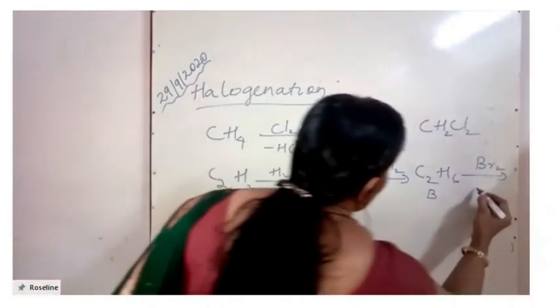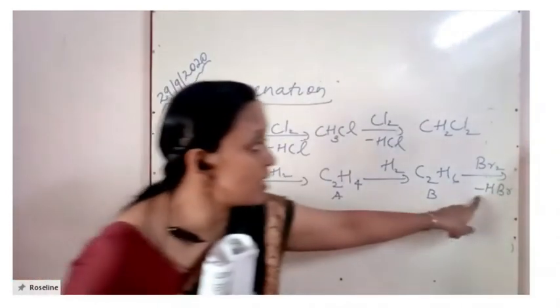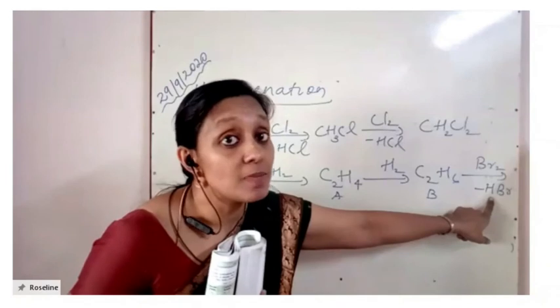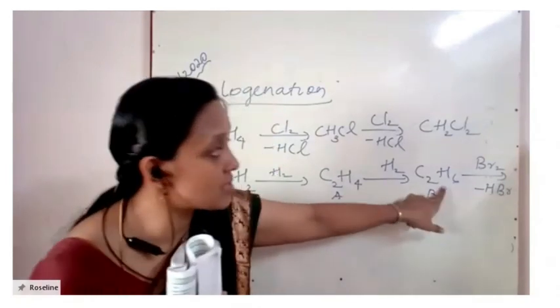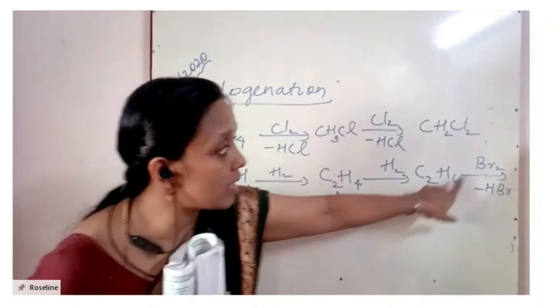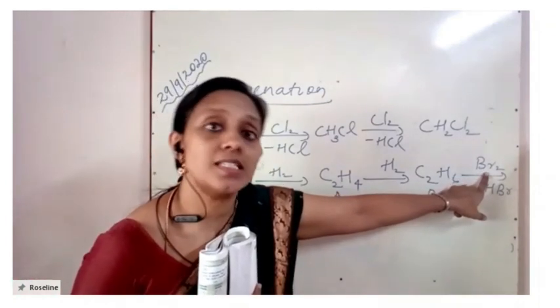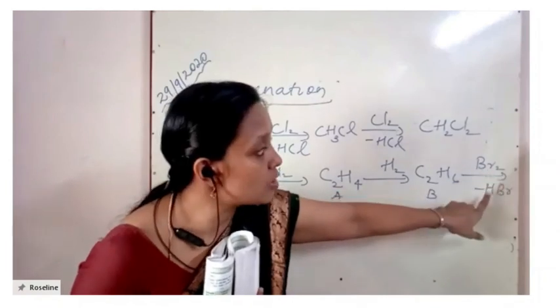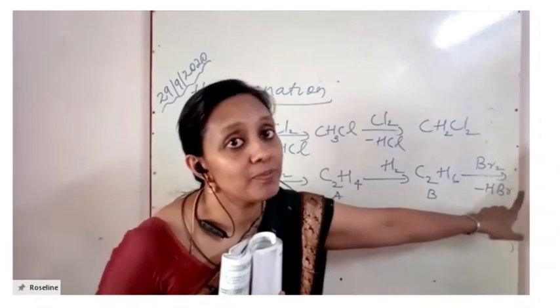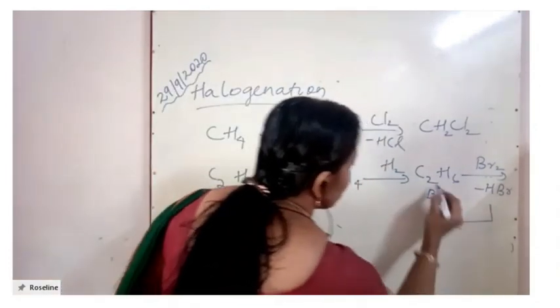And they said that minus HBr. So from this, what do you understand, children? If it is minus HBr, it is a substitution reaction that is carried out. This is an alkane now, isn't it? To an alkane, halogen is added. It's no more addition, it is substitution. So as it's a substitution, hydrogen bromide will be eliminated. And what will be the product that you get?